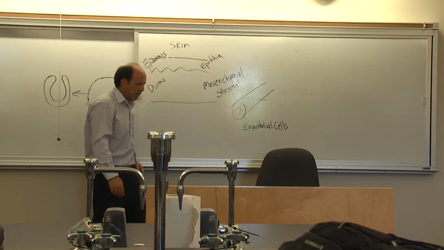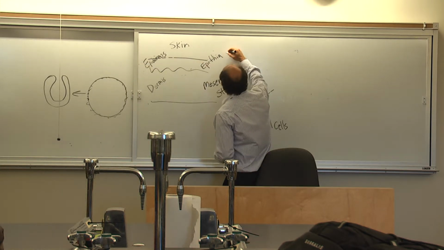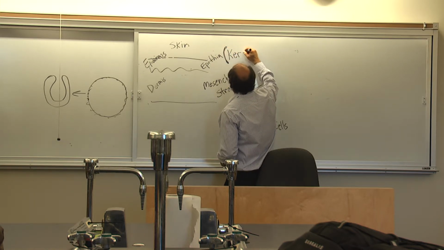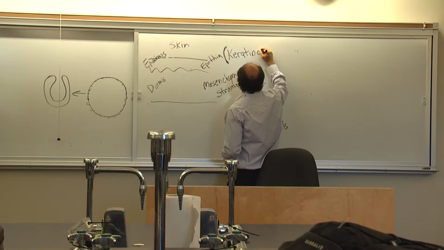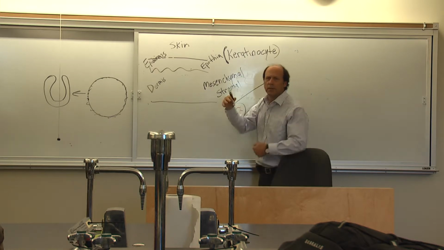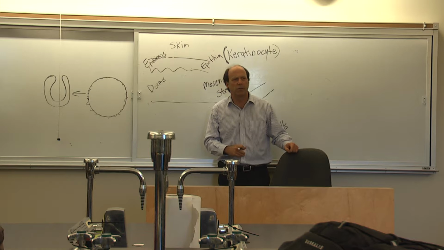And the epithelial cell is called a keratinocyte. The word cyte is typical for cell, right? And keratin, well, skin cells are making keratin. And you think, well, when have I heard of keratin before?